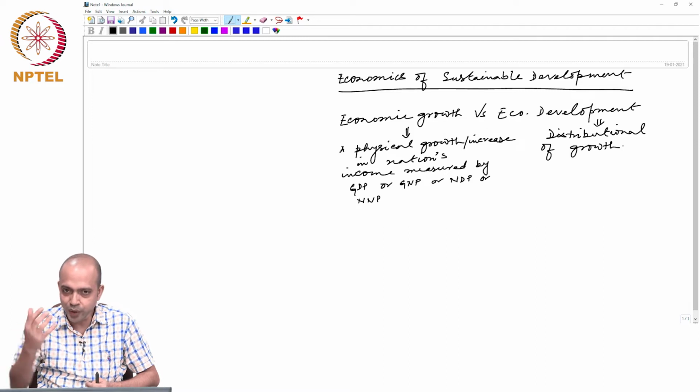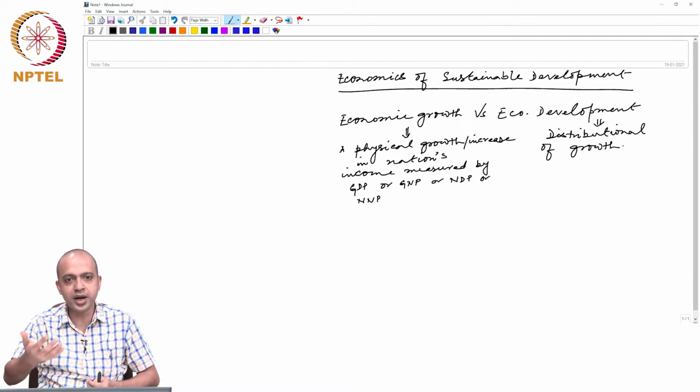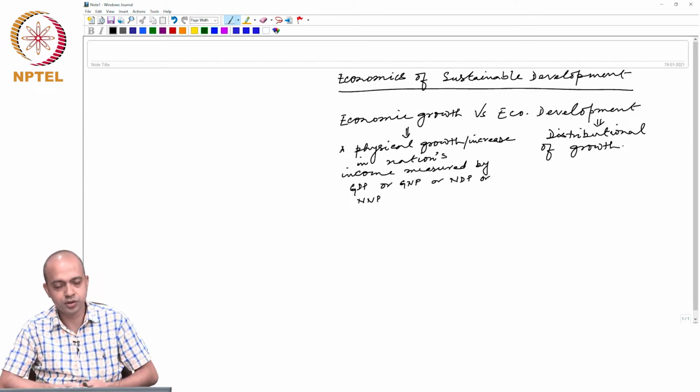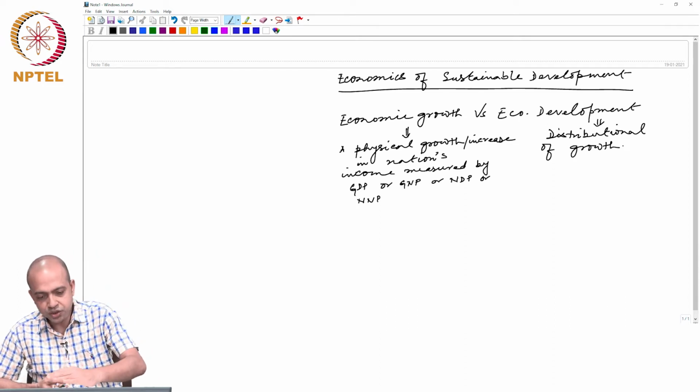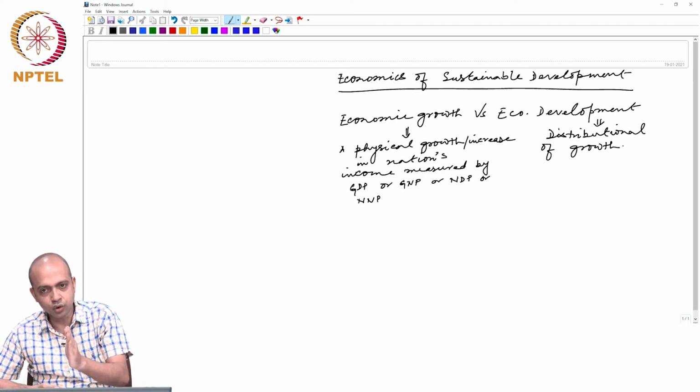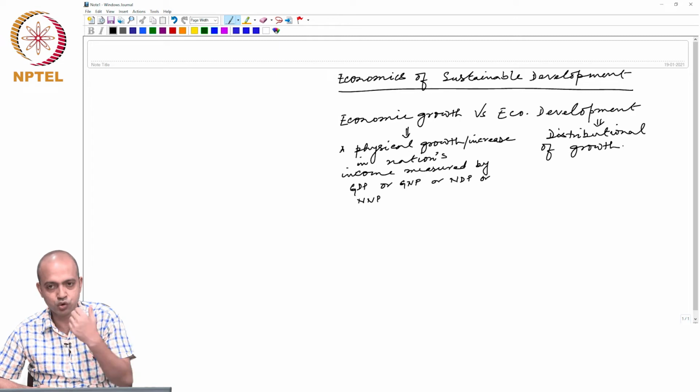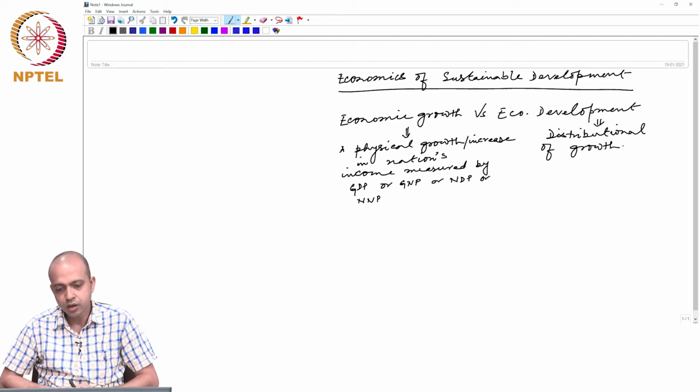So, development requires growth, but it also requires additional policy imperatives so that the distribution of this growth is fair among the people. That is the reason these two are different things, economic growth and development. Growth is measured only by physical increase, development is measured by the qualitative aspects of individuals, that means whether quality of life is improving or not, and that requires a fair distribution of economic growth, right.